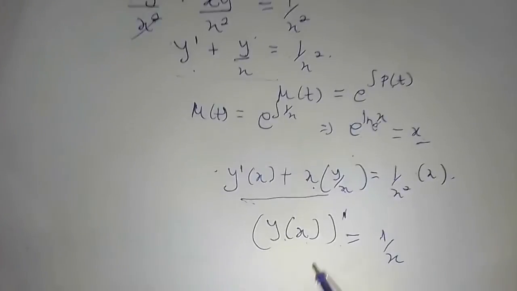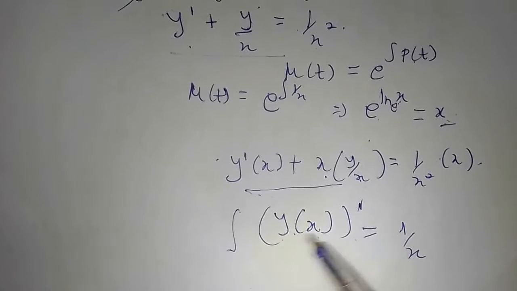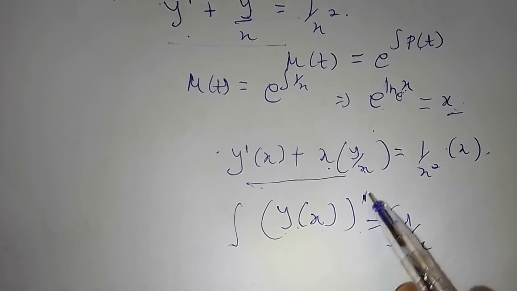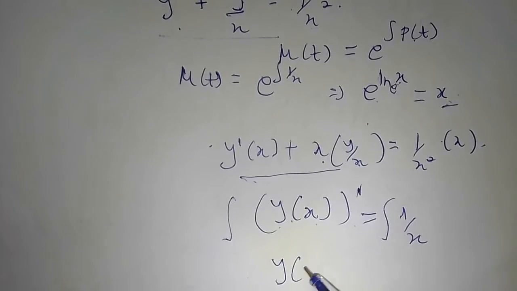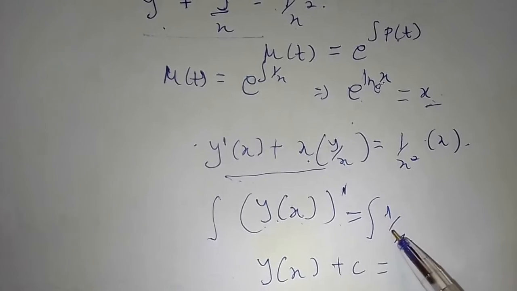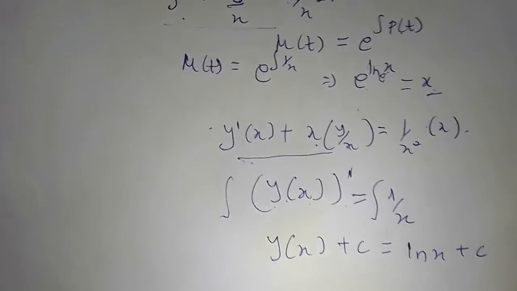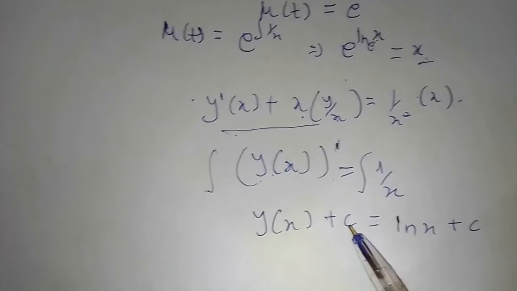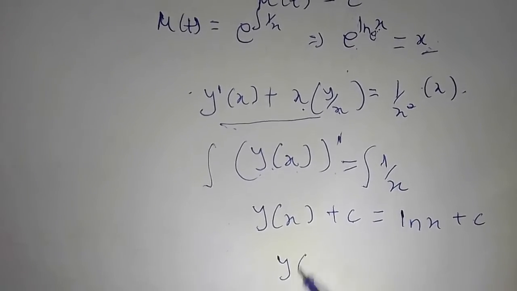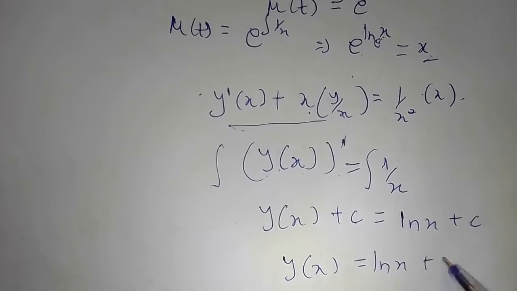At this point, we have to find y, so we take the integral on both sides. The integral will cancel the derivative and be left with y multiplied by x, is equal to the integral of 1 over x, which gives us ln x plus c. So you get y multiplied by x is equal to ln of x plus c.